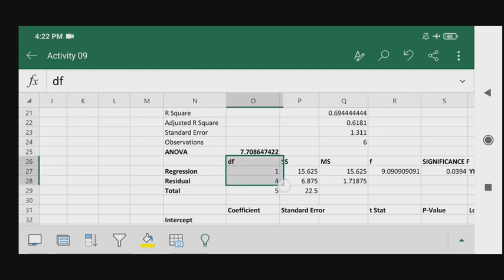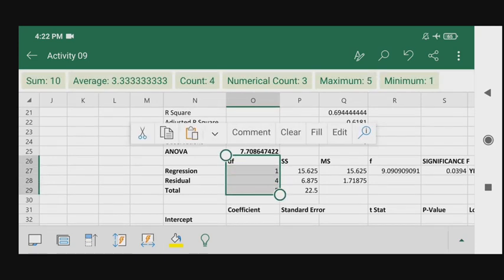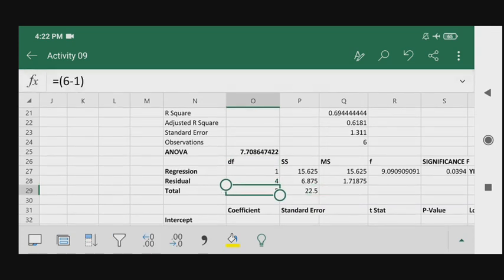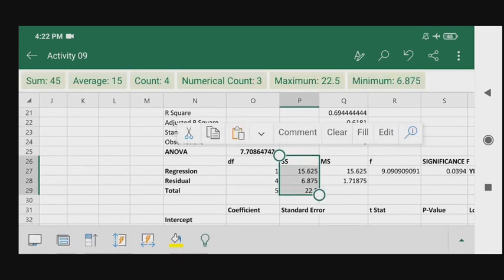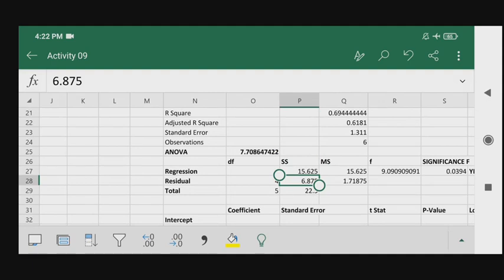So here is the DF, which is the calculated degrees of freedom. We have for regression 1, residual 4, and total is equals to 5. Here is the SS. We have 15.625 for regression, residual is 6.875, and the total is 22.5.